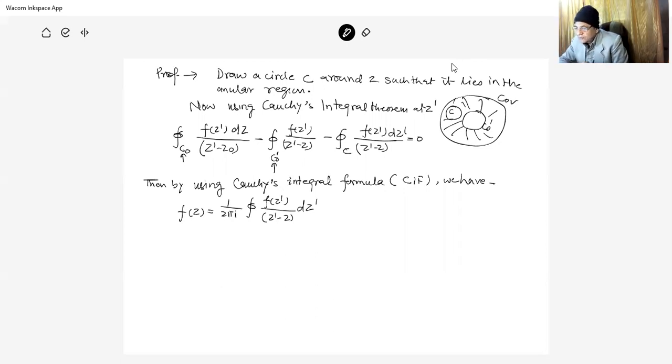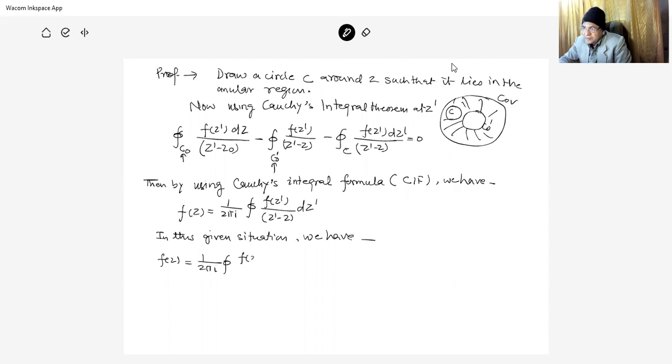This is the Cauchy integral formula. In the given situation, we have f of z is equal to 1 upon 2 pi i, the integral of f(z') dz' over C0, upon z' minus z, minus 1 upon 2 pi i, the integral of f(z') dz' over C0' upon z' minus z.